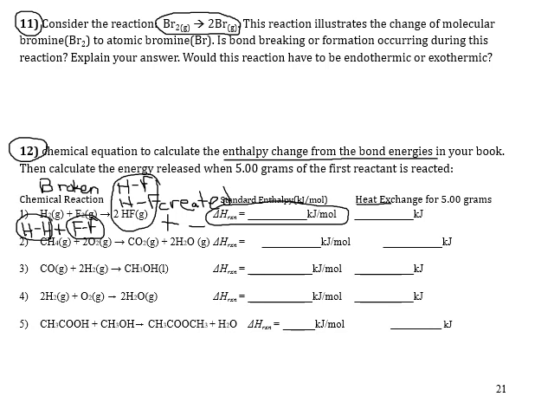So now the next goal was to look at how much energy specifically would be given off if I reacted 5 grams of the first reactant. So for this part number 1, you would want to do 5 grams of H2.